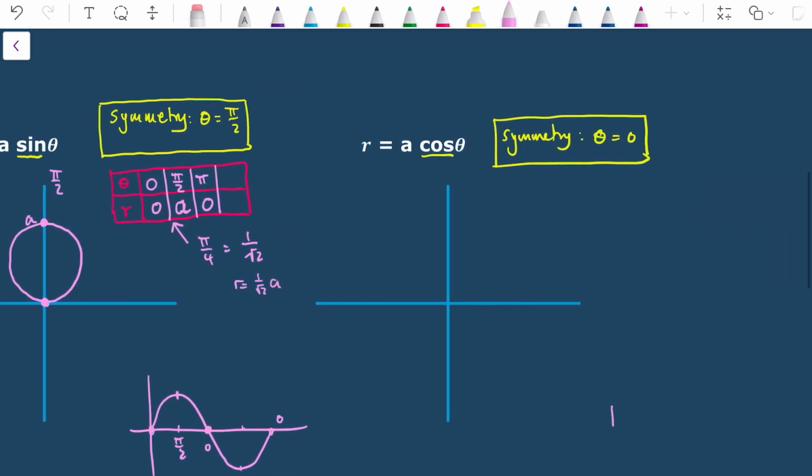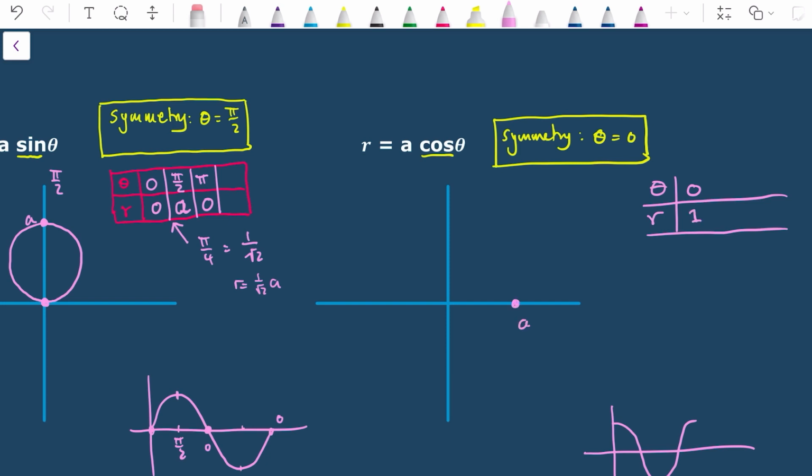And we can do the same for cosine, a cos theta. The difference in this case is that when theta is 0, well, then r is equal to 1, and so I will start at a. When theta is pi by 2, I am going to end up at 0. So this happens. I go all the way around to 0.